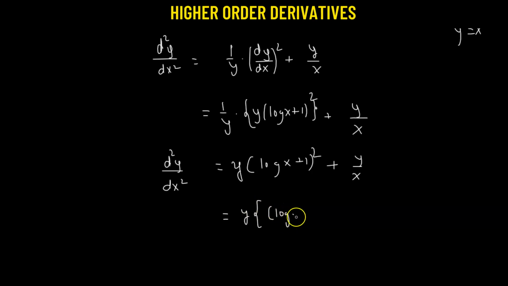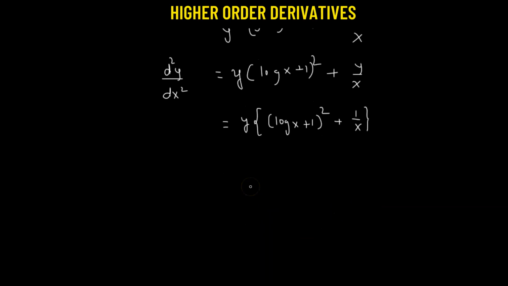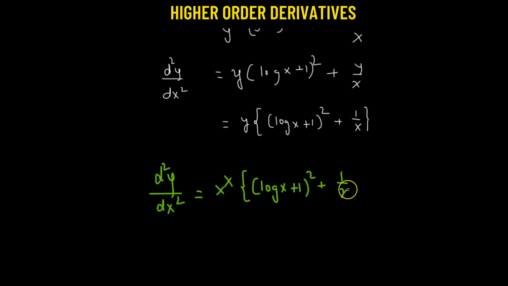So we have log of x plus 1 whole squared added to 1 over x. And y is simply x raised to the power of x. So our final value of the second derivative of y with respect to x will be equal to x raised to the power of x multiplied by log of x plus 1 whole squared plus 1 over x.